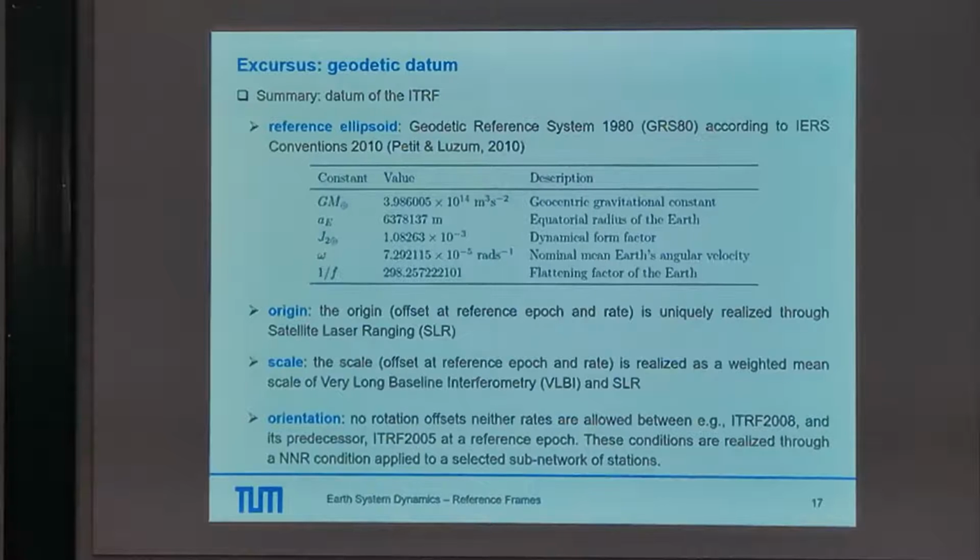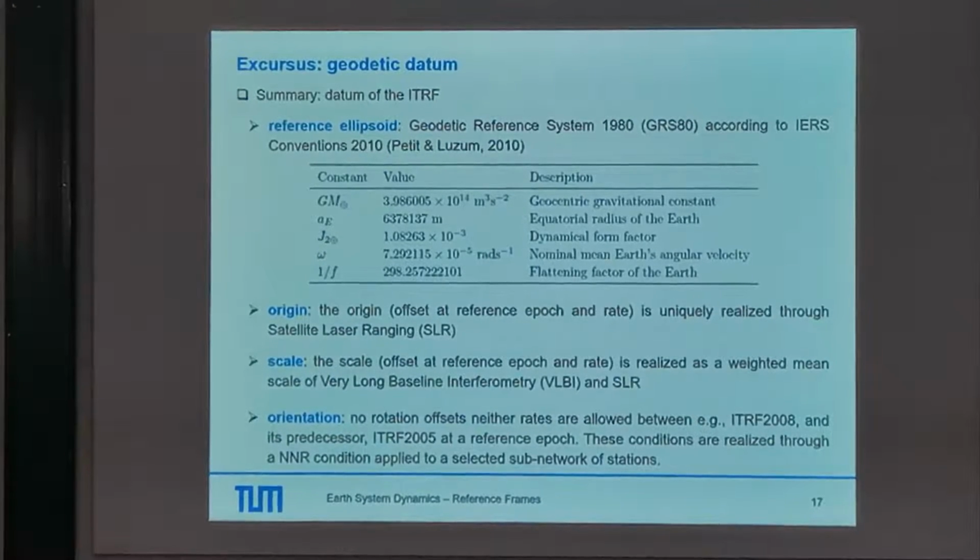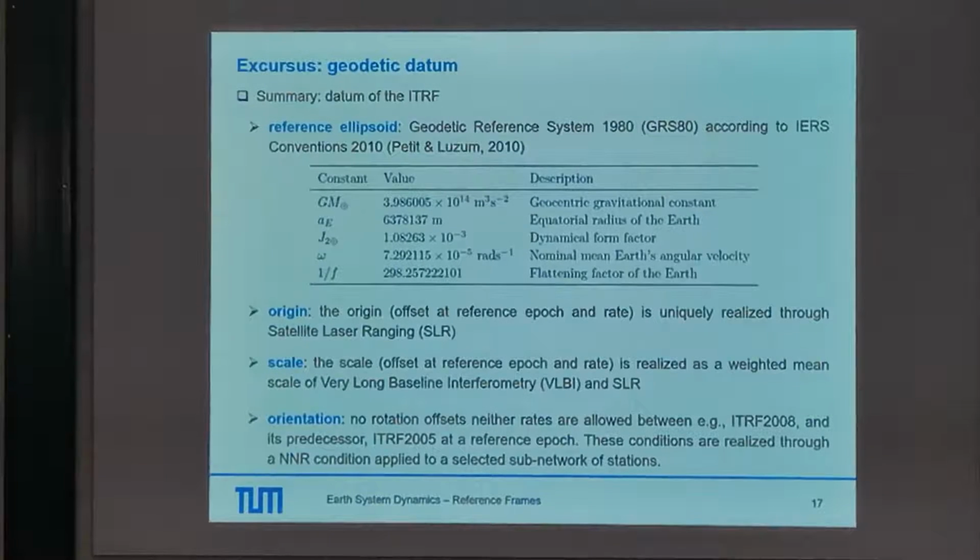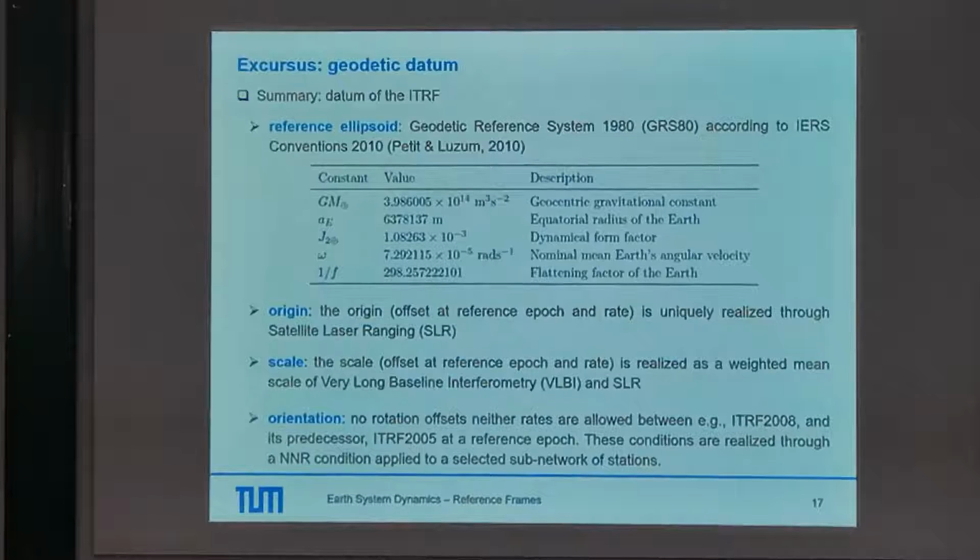But you also have to know what is common to all the stations. And that's why we always use the prior solution. So for the ITRF2008, we used the ITRF2005. For the ITRF2014, we used the ITRF2008 and minimized the rotations with respect to this coordinate set.